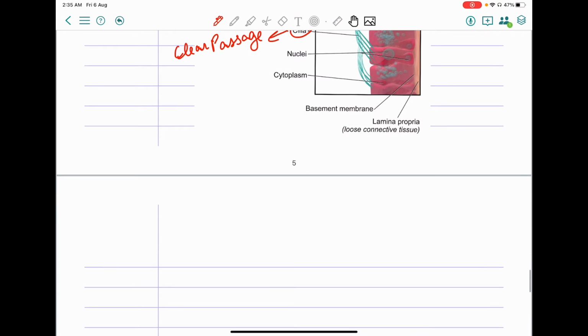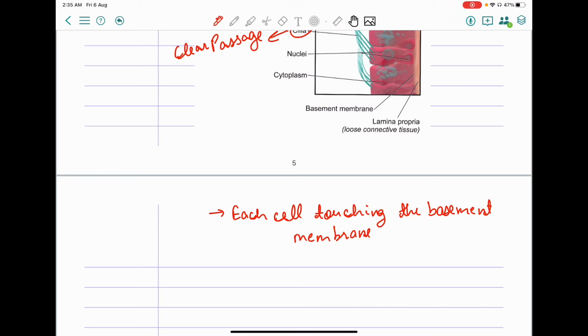Why? I will tell you why. Because each cell is touching the basement membrane. That is why it is pseudostratified.